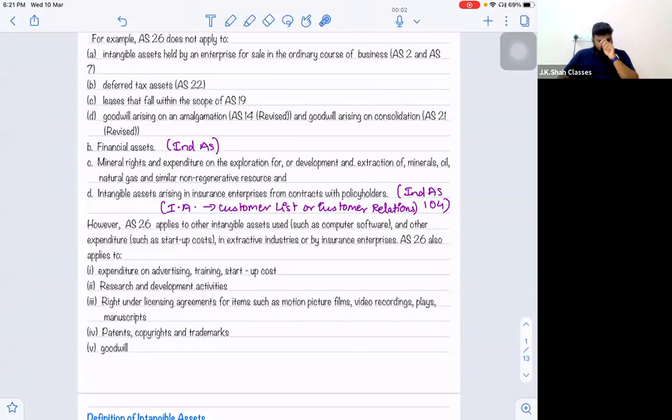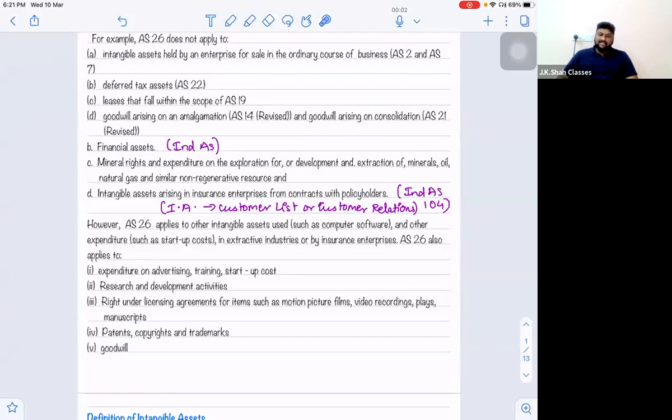Sir, I didn't understand the point regarding startup cost. Can you once explain? Startup cost is when you start a new business, right? There are many costs that you incur, whose benefit you are going to get for a period greater than 1 year. I gave you certain examples: when you start some business, you have to acquire some license.